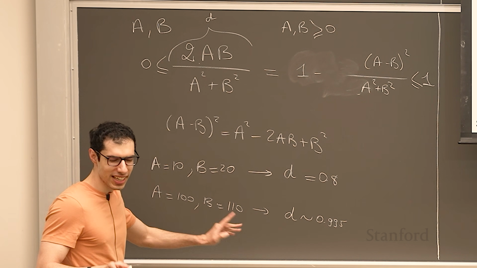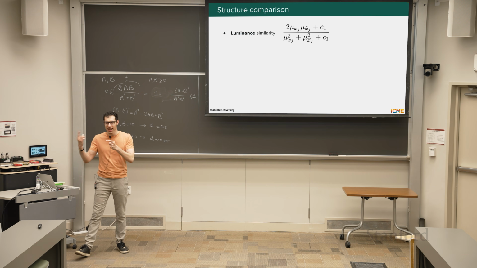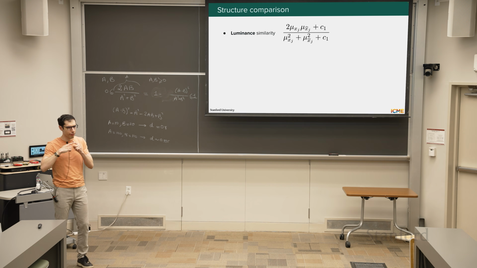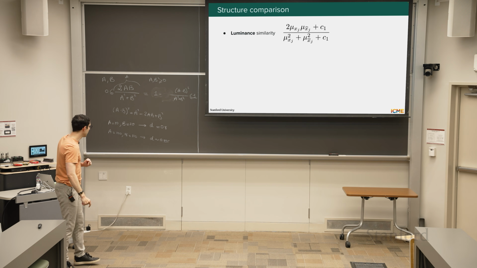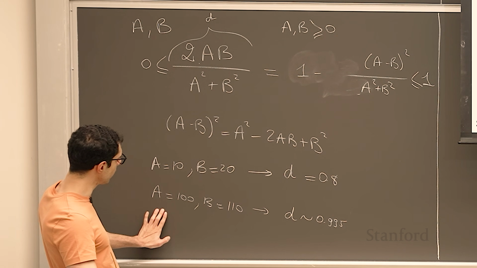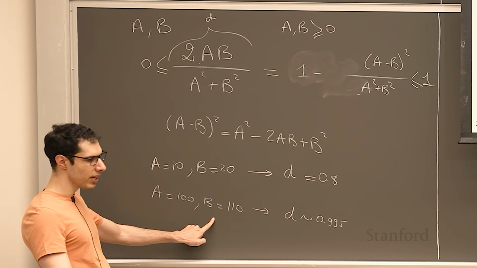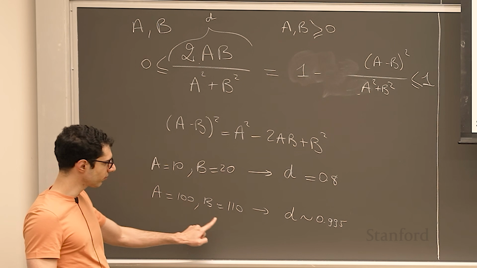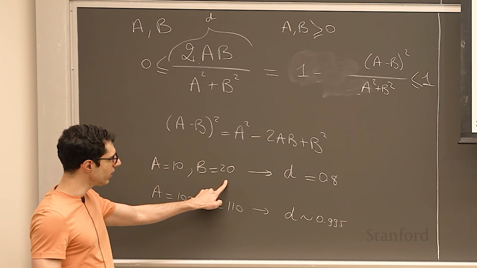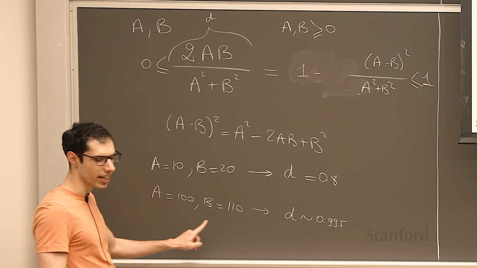But what I want to say is that this idea of considering the level that you're at and the relative difference with respect to where you're at, which we saw with the logarithm and the light bulb story, is also captured here. So even though a and b are 10 apart, here they're less similar than here.